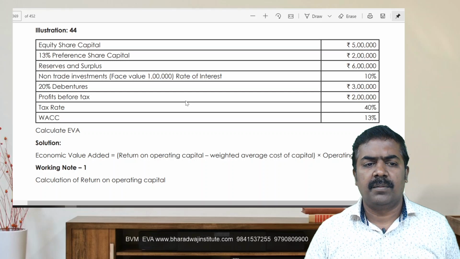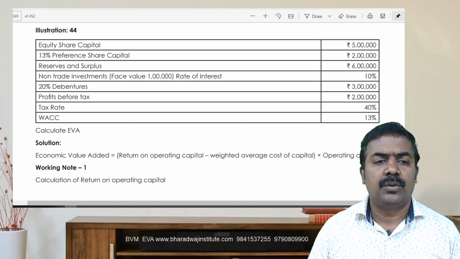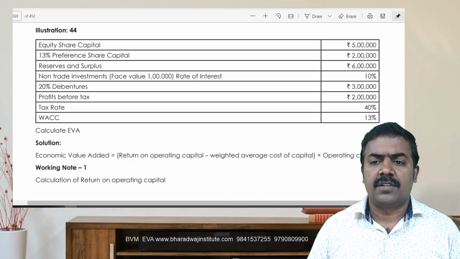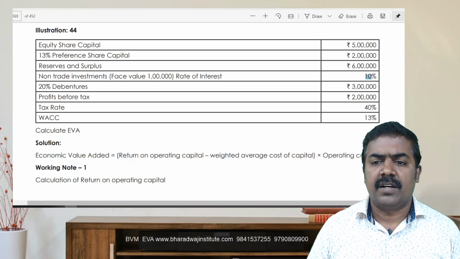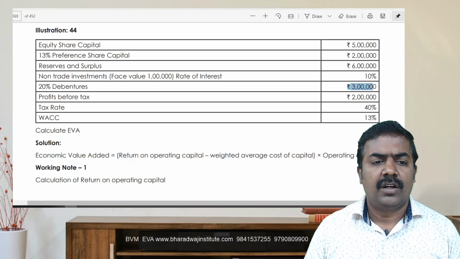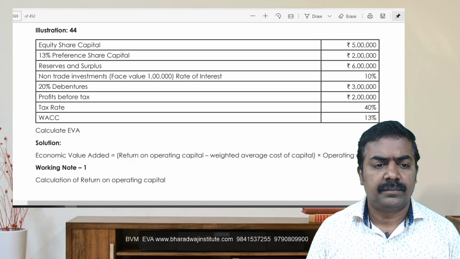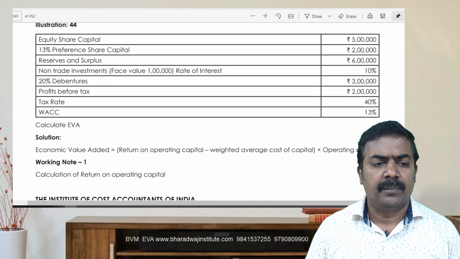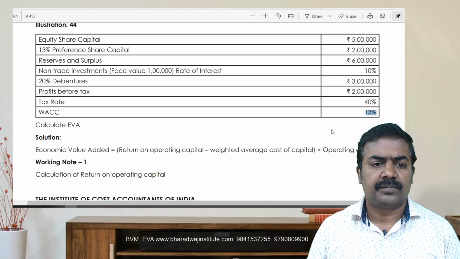It is easily understandable. Equity share capital 5 lakhs, preference share capital 2 lakhs, reserves and surplus 6 lakhs, non-trade investments 3 lakhs, rate of interest is 10%, 20% debentures are given, profits before taxes are given, tax rate is 40%, WACC is 13%.